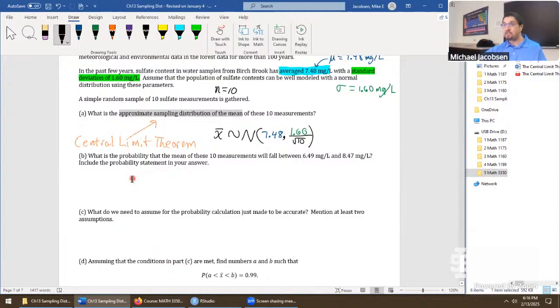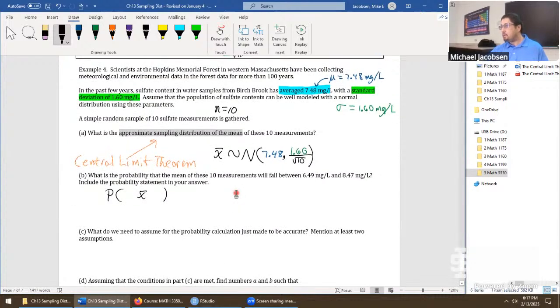And by the way, the next response says, what is the probability that the mean, from that already, we want to write down probability, X bar will go right there, only because they're asking for the probability of the mean, the sample's mean. So X bar is in the middle.